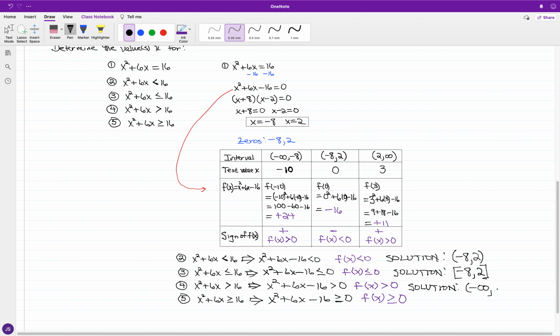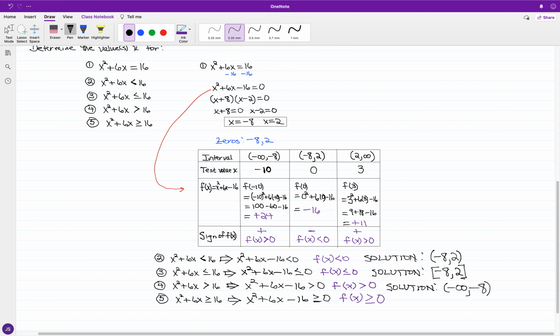You have those values of x less than -8. And also we have f of x is greater than 0 for those values of x that are greater than 2. And for where we have greater than or equal to, we're looking at the same numbers, but where -8 and 2 will be included.